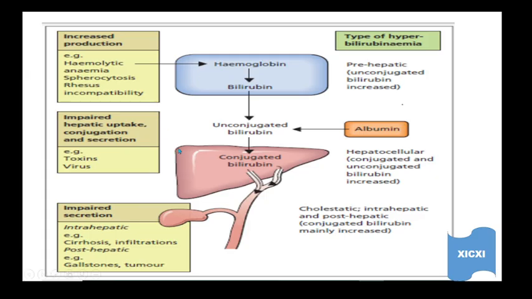This is called hepatocellular jaundice. It is seen with toxins or viruses like hepatitis. Hepatitis can cause our liver to become fibrosed or change its anatomy so that conjugation cannot happen properly.